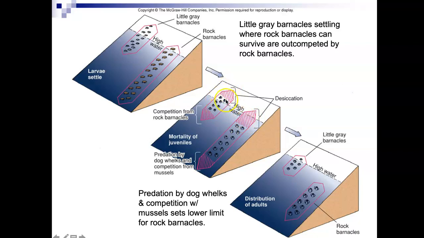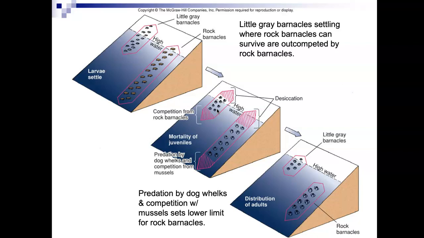So that allowed the little gray barnacles to inhabit higher areas of the intertidal zone than was physically possible for the rock barnacles. Now, again, the big question is, why don't all organisms inhabit these lower areas of the intertidal zone, where they don't have to deal with desiccation? This is where biotic factors come into play, things like competition and predation.